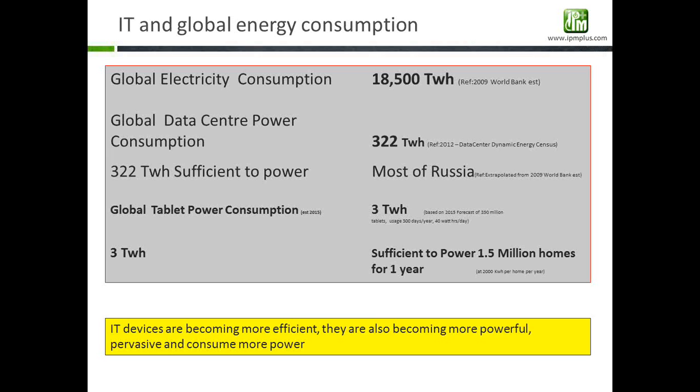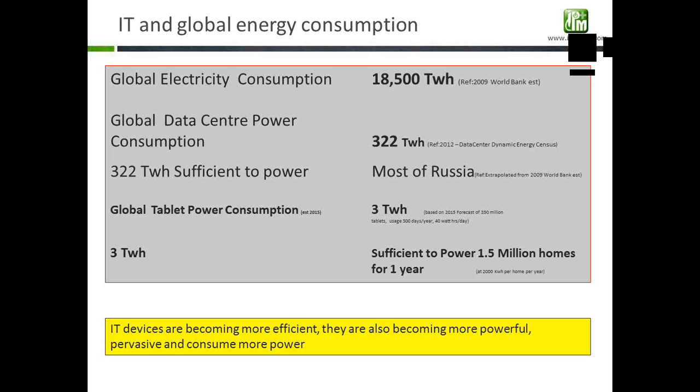So although these tablets and smartphones consume a small amount of power, they are growing in huge volumes. Every house has a couple of tablets, every office has hundreds of tablets. Although individual power consumption is low, because of the sheer volume, aggregate power consumption is very, very high.